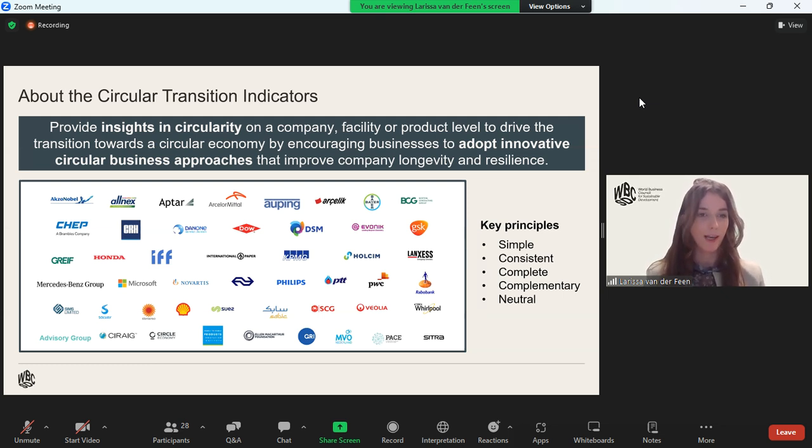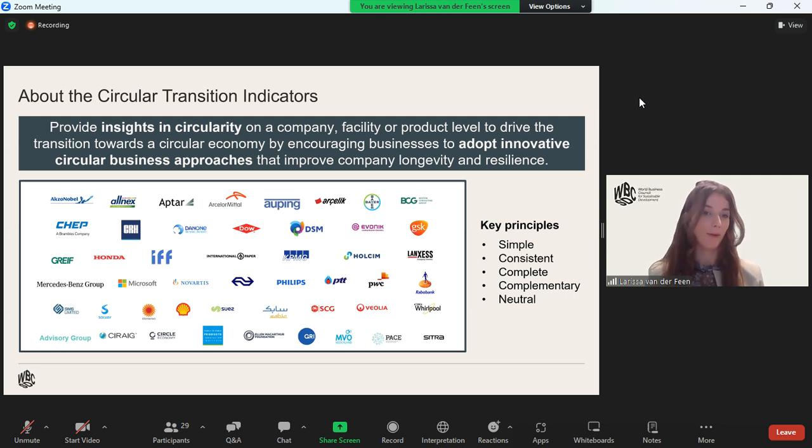And some of the key principles of the Circular Transition Indicators is that the model is relatively simple to apply. We really try to keep it to the main indicators of a circular economy. It's consistent, meaning it can be applied to any company in any sector of any size. It offers a complete set of circularity metrics.